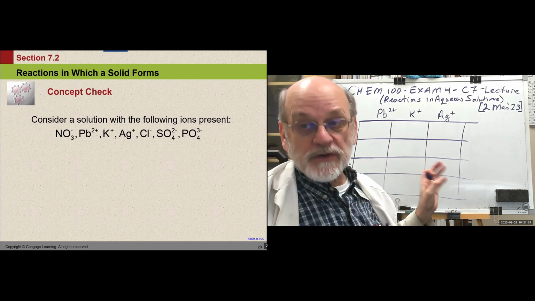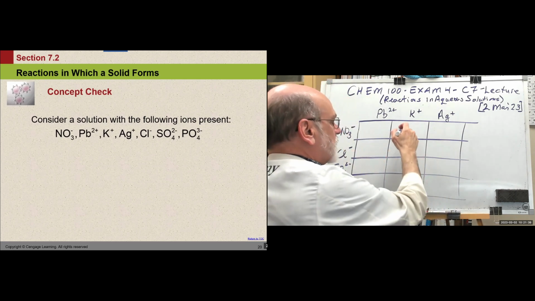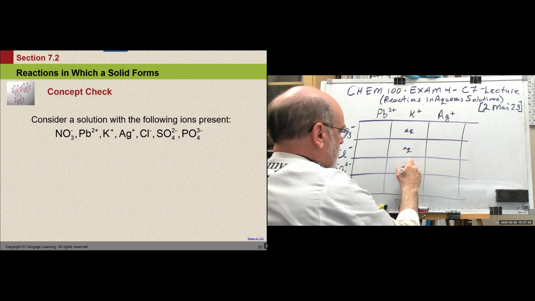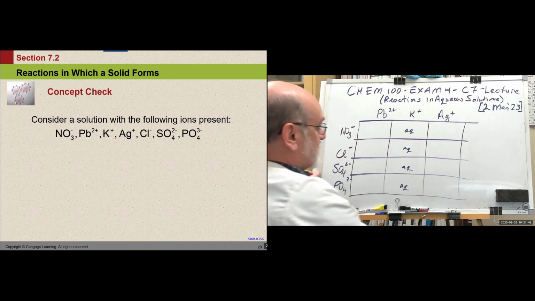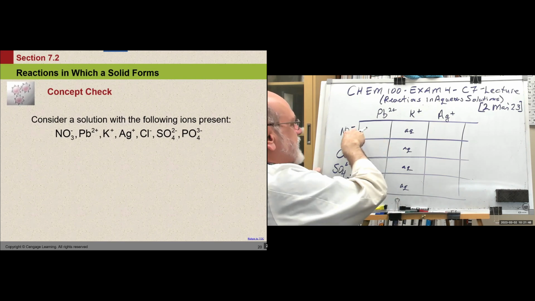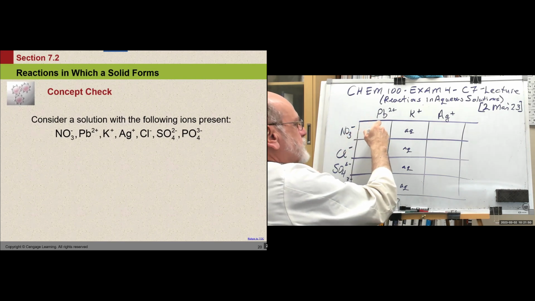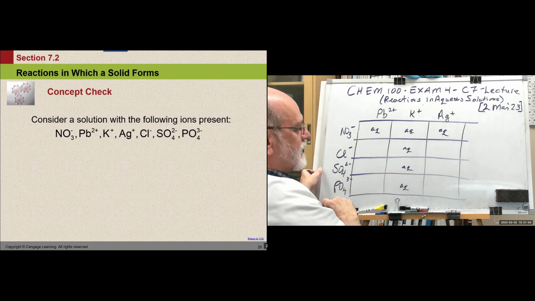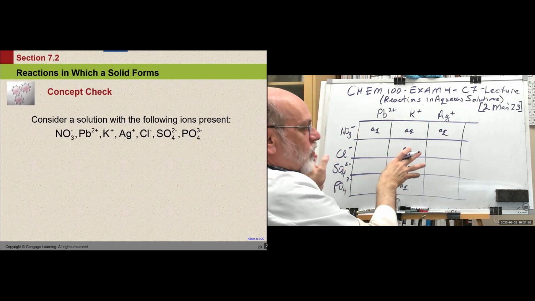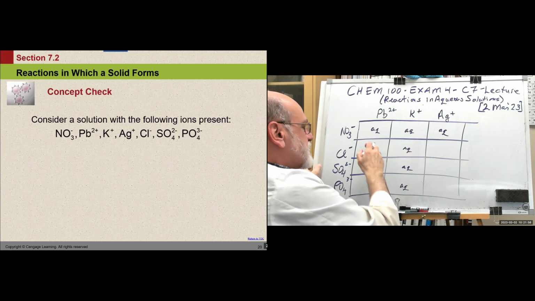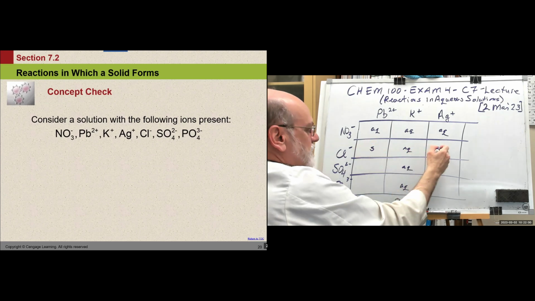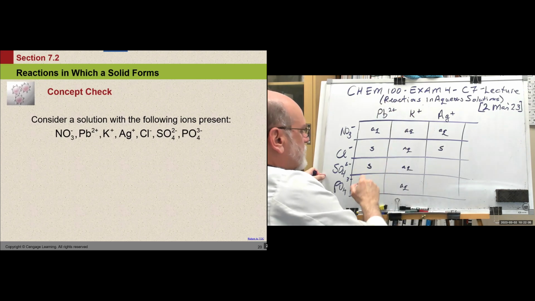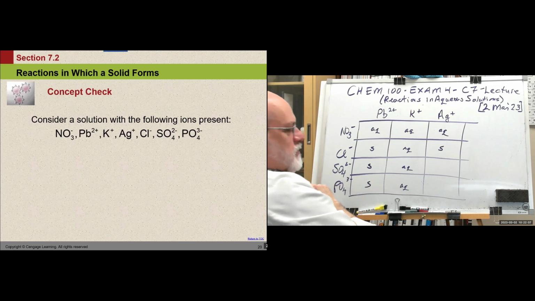All potassium salts are soluble, so these will form aqueous solutions. How about nitrates? All nitrates are soluble. Some chlorides are soluble, but in this case, this forms a solid, and that forms a solid. This forms a solid. This one forms a solid.